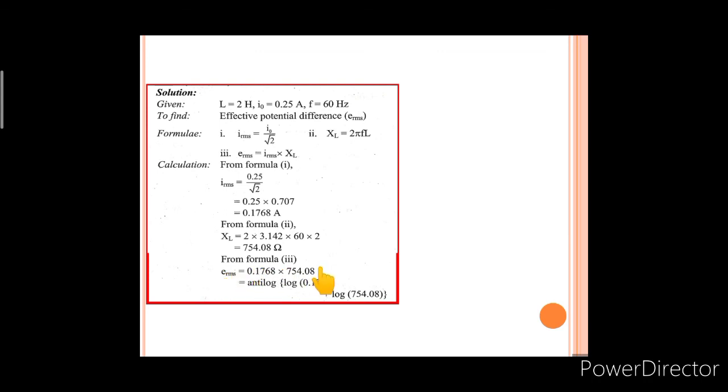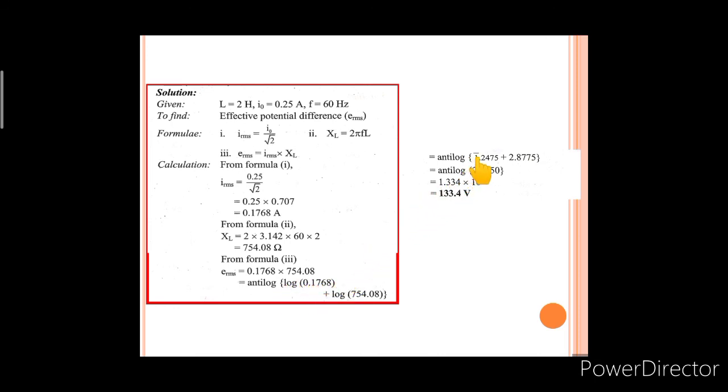After writing in the multiplication form, let's solve it by using logs. Out of the bracket we write the anti-log, and in the bracket we write log 0.1768 plus log 754.08.